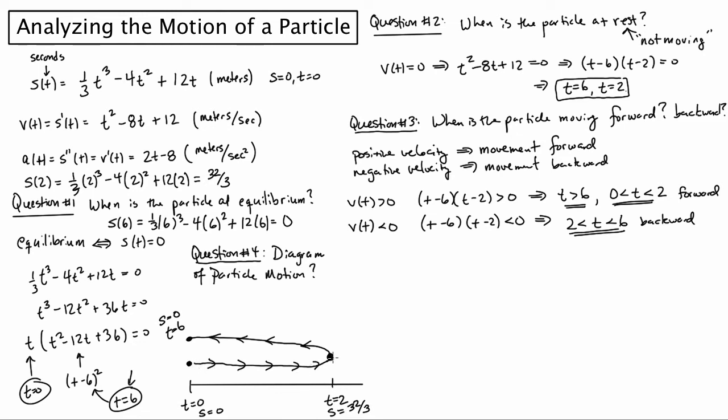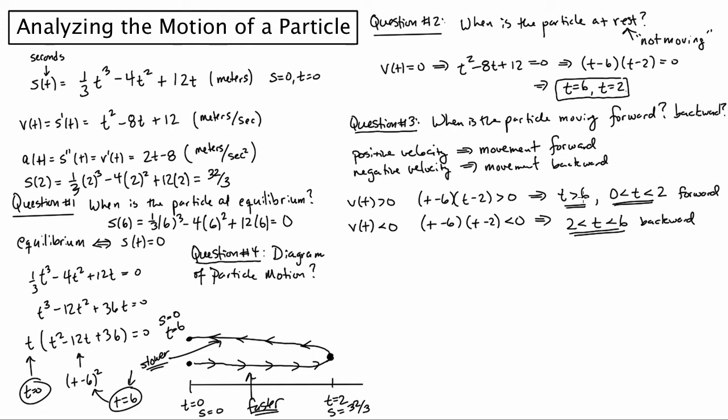It took 2 seconds to travel 32/3 in the forward direction, but yet it took 4 seconds to cover that same distance going back. So it's moving faster on this interval than it is on this one where it's moving slower. So keep in mind the relative speeds, or the relative velocities, of the object on both parts.